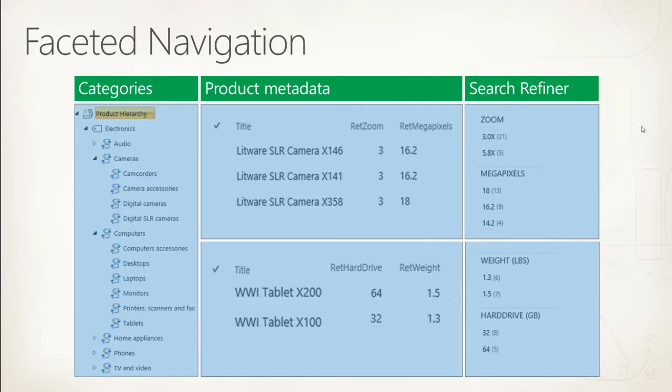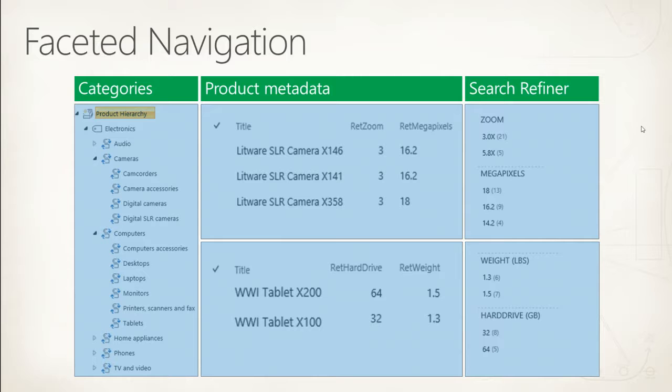And what's important is that my customers can navigate and find the items using those metadata. If you're looking for a camera with 18 megapixels, you don't want to go through all products and look for it. You would like to select 18 megapixels, and there you are. So that is what SharePoint 2013 offers out of the box using search refiners.